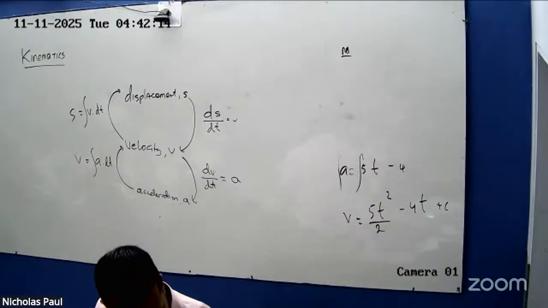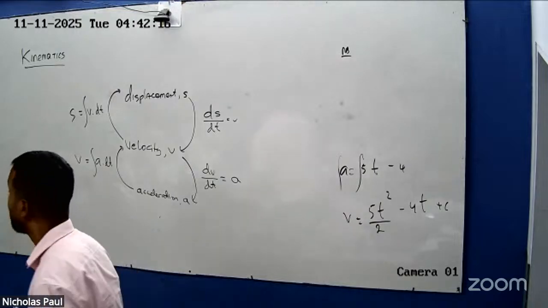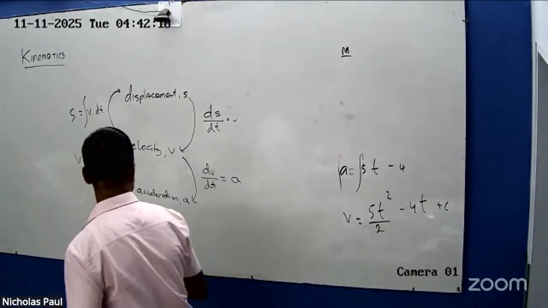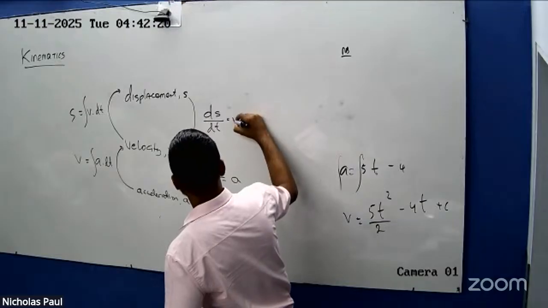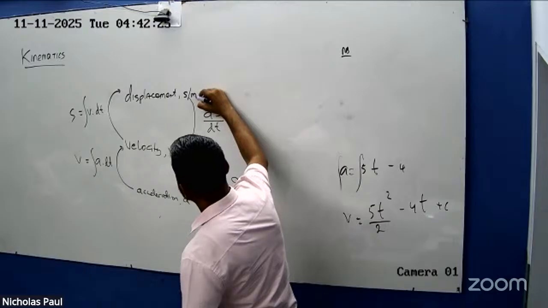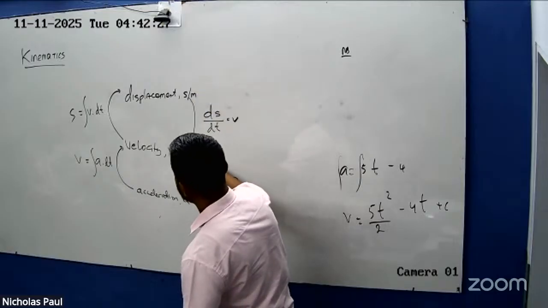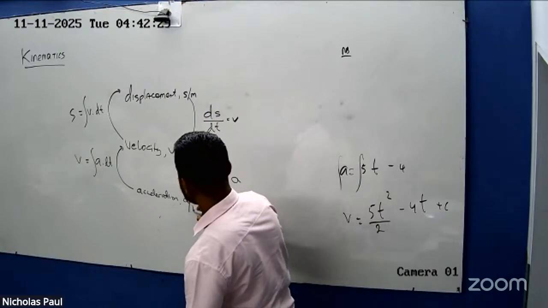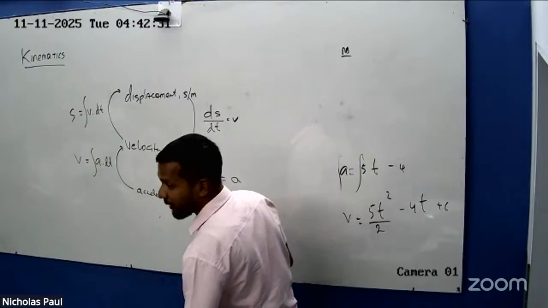Sorry, I didn't give the SI units. The SI unit for displacement is meters, velocity is meters per second, and acceleration is meters per second squared.